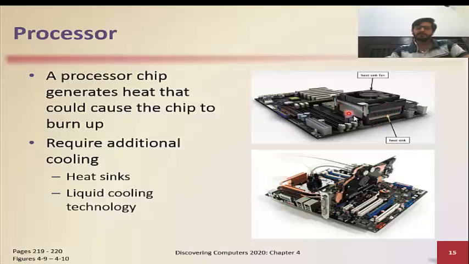A gray area or chip is here, and over that chip we have a fan, and below that chip we have the processor, and over the processor we have a heat sink. It catches all the heat generated by the processor, and the fan works in a fan-out condition. It absorbs the heat from the processor and releases it to the environment. That is one mechanism to cool down the system.